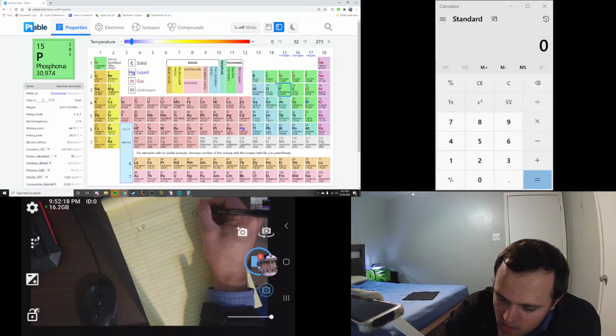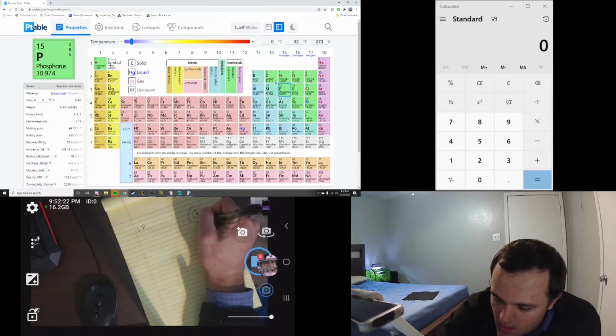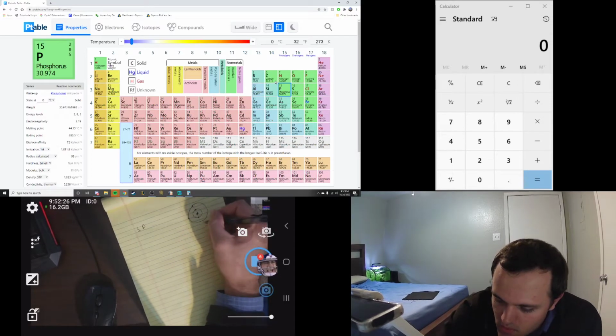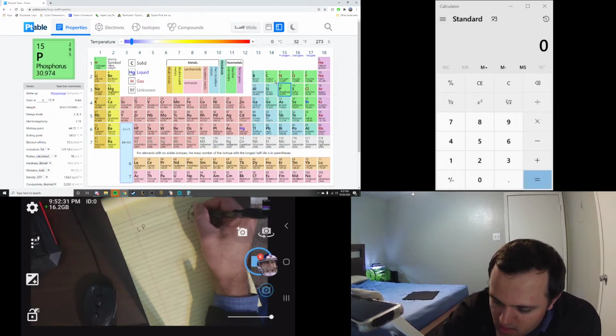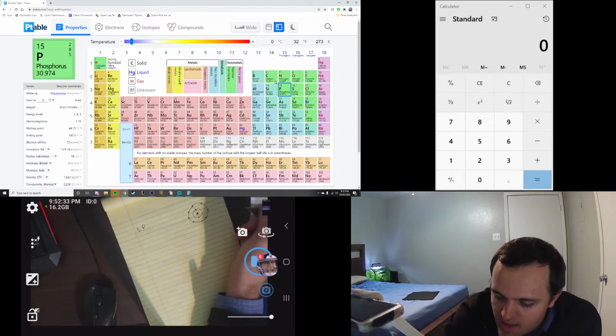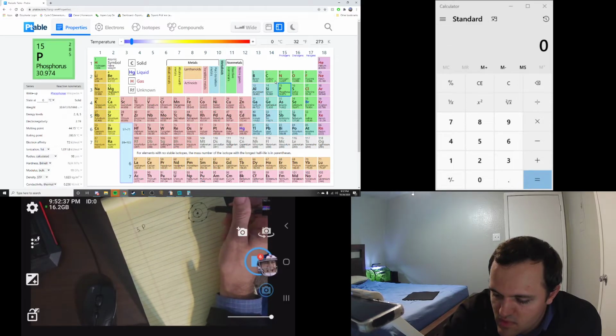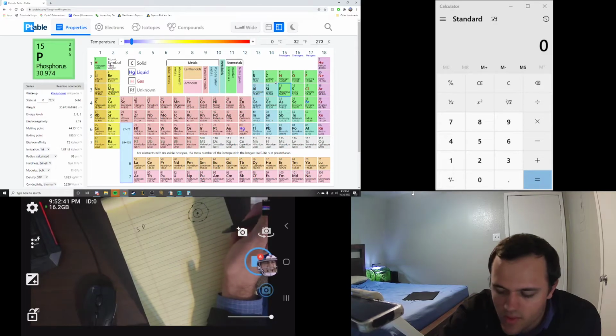The first ring can only hold 2, so we'll put those in. The second ring can hold up to 8, so that's 1, 2, 3, 4, 5, 6, 7, 8. Okay, we're good.